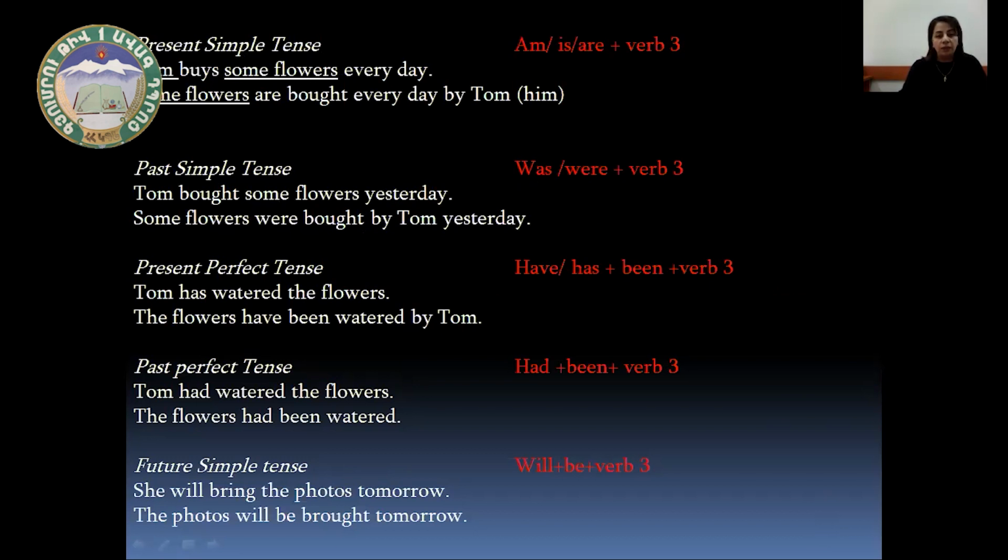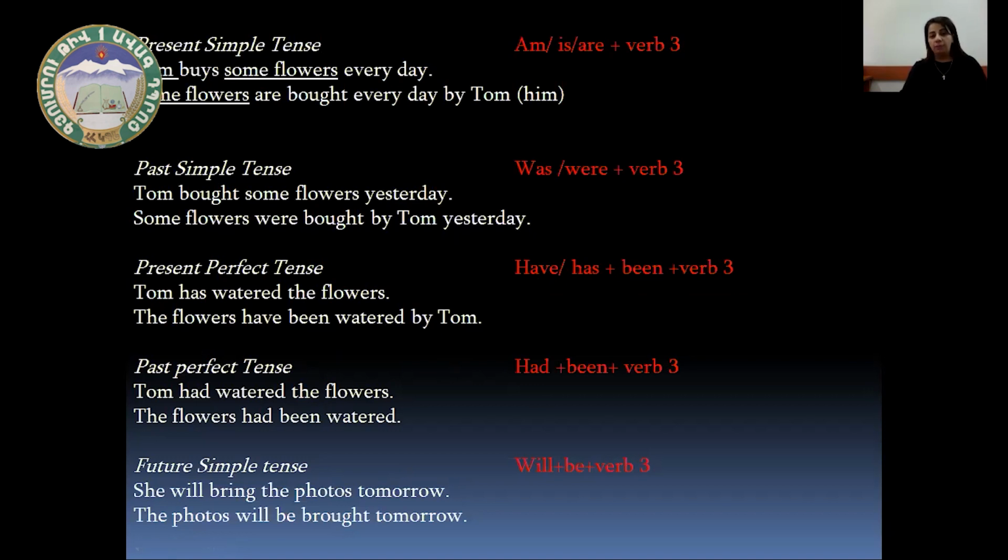For the present perfect tense, Tom has watered the flowers. We have the passive like this. The flowers have been watered by Tom. And the formula is have, has plus been plus verb 3. The next tense is past perfect tense, like Tom had watered the flowers. It will be like this.